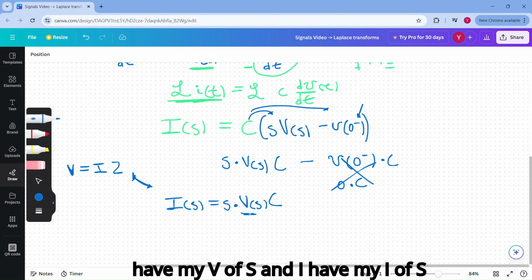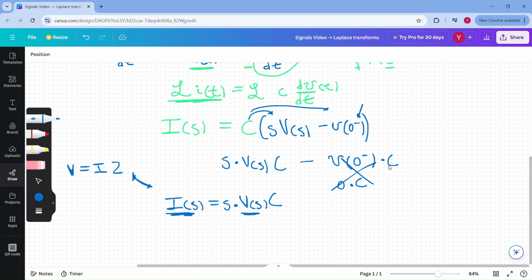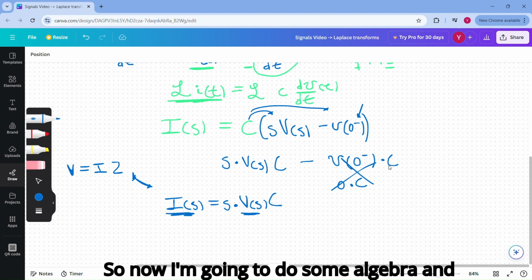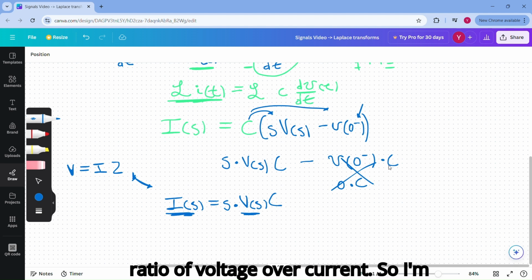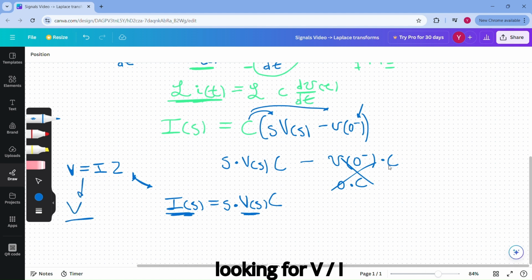So I have my V of S and I have my I of S. Now I'm going to do some algebra and manipulate my equation to reflect something I can talk about, the ratio of voltage over current. So I'm looking for V over I. Okay? So V of S over I of S.